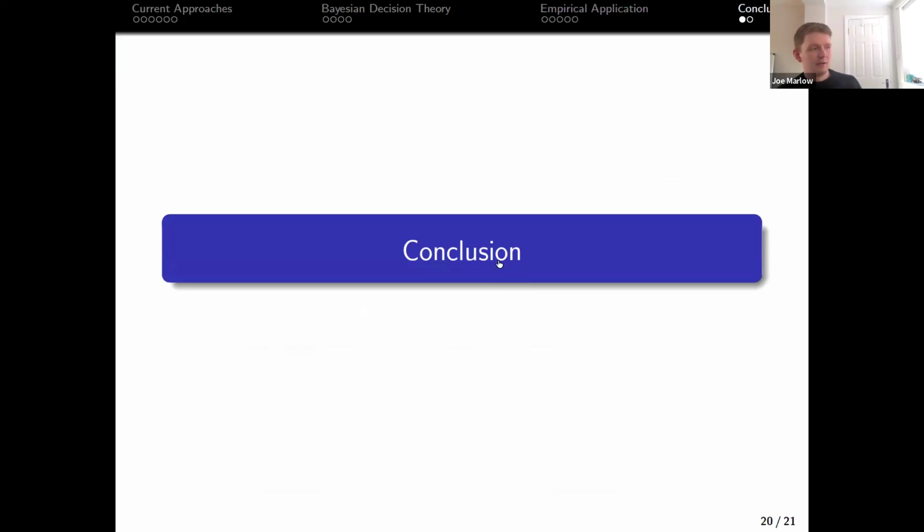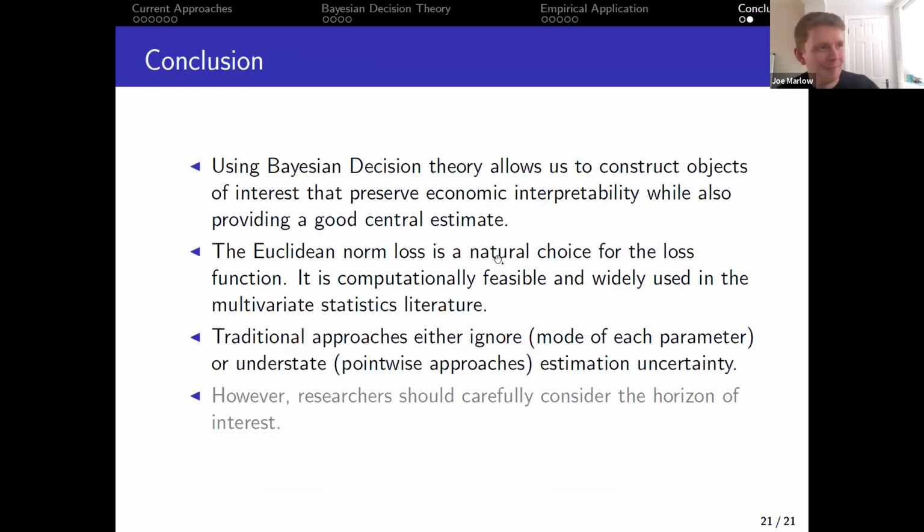Okay, so let me wrap up. What I've shown in this paper is that using Bayesian decision theory allows us to construct objects of interest, such as the impulse response functions and the forecast error variance decomposition. But you can also extend this to historical decompositions or forecasting, if you're interested in doing those things.